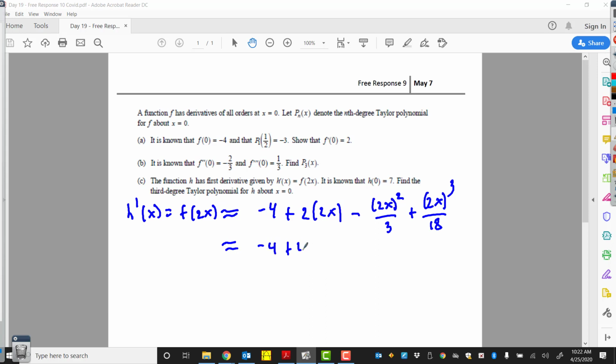Negative 4 plus 4x minus 4x squared over 3 plus 8x cubed over 18. 8 over 18 simplifies down to 4 over 9. There we go. That's nice. We could pull out a 4 from everything.